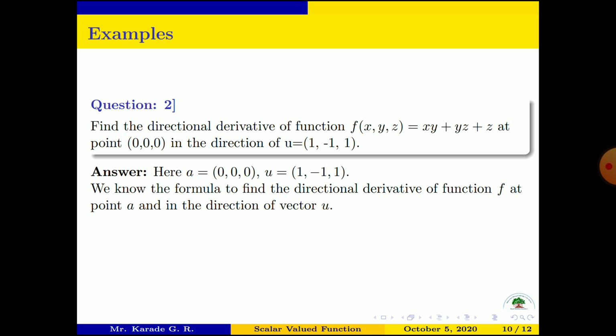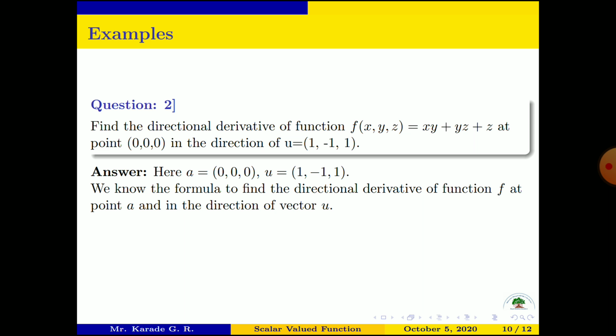We know the formula to find the directional derivative of function f at point A in the direction of vector u.